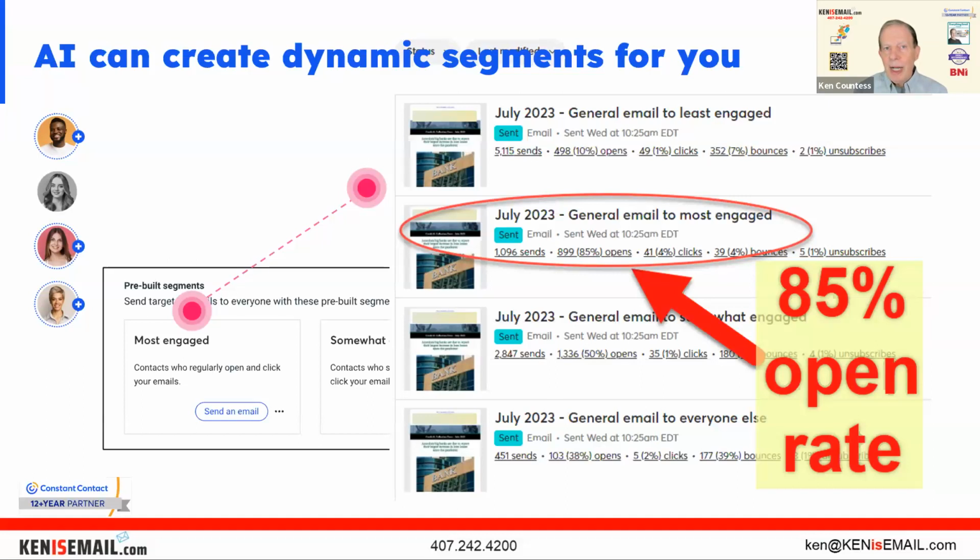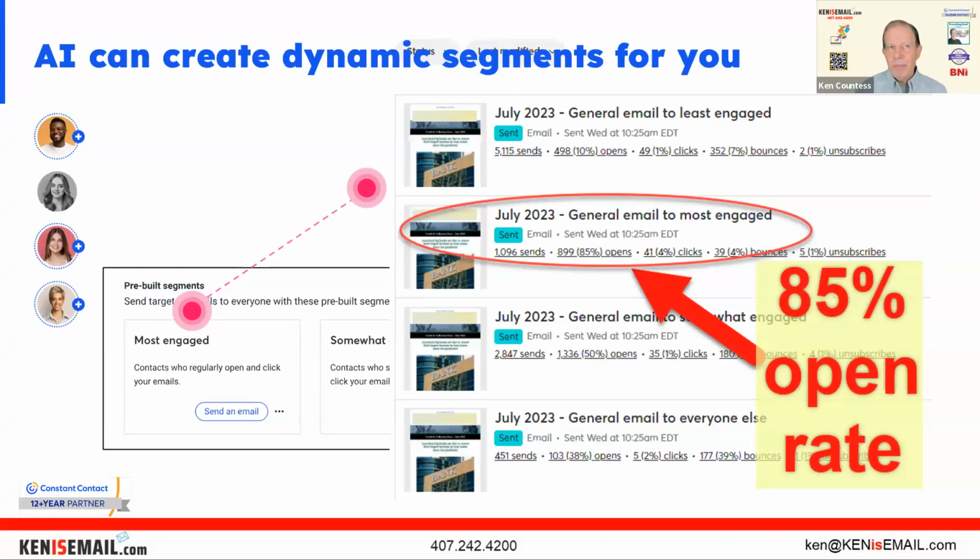And what we did about 3 months ago was we separated out one email, but we sent it to those four different segments: the least engaged, the most engaged, the somewhat engaged, and those that aren't engaged at all. And check this out. When we sent the email that way, we had an 85% open rate when we sent to the people that are most engaged.